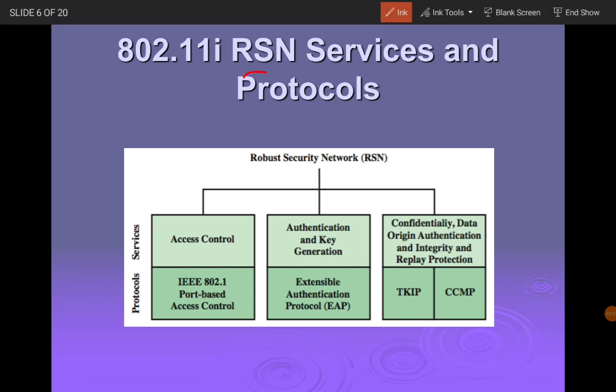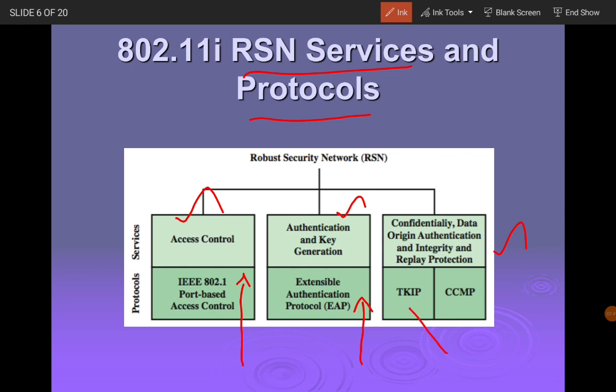So what are all the RSN services and protocols? The services are access control, authentication and key generation, confidentiality, data origin authentication, integrity and replay protection. For that, we are using the protocol IEEE 802.1X port-based access control for providing the access control service. Similarly, EAP, that is Extensible Authentication Protocol, for providing authentication service and key generation service.